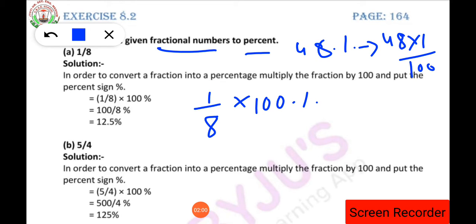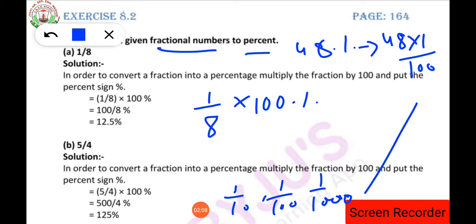At the starting of this video I told you about 1 by 10, 1 by 100, 1 by 1000, no? Those are the numbers. So when a percent is converted into the form of a number, it should be multiplied by 1 by 100. Why is it so? Because the meaning of this percent notation is 1 by 100, that's why.